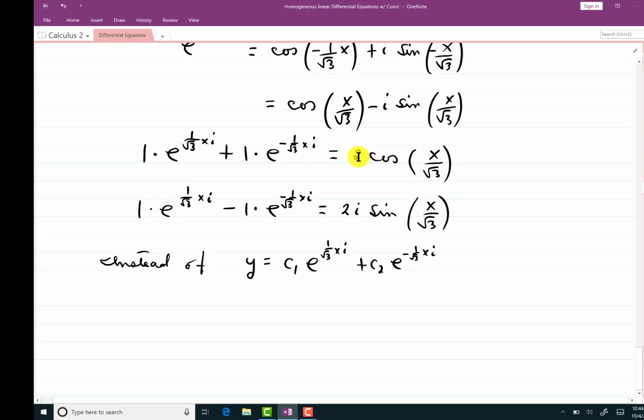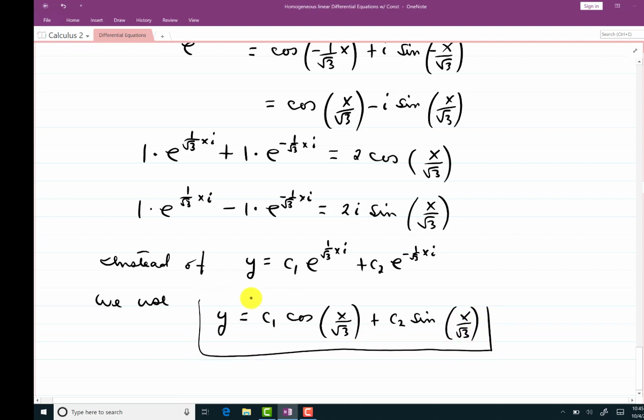I'm going to use y1 as my cosine version, y2 as the sine of x over radical 3, and I can instead use y equals C1 cosine of x over radical 3 plus C2 sine of x over radical 3. So immediately, whenever you see non-real zeros, you know that you can break it down into here. And right here now, we can stick to real constants if we want. I never have to worry about having an imaginary solution that way.